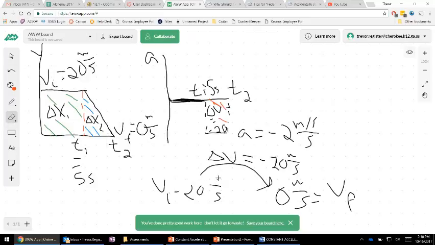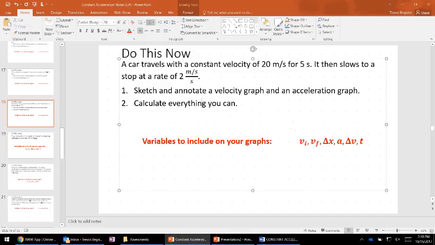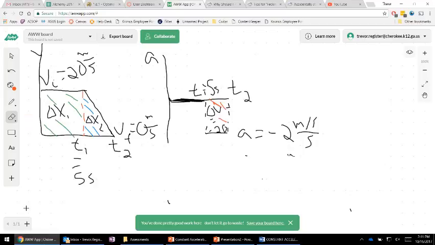Now everything's annotated, and so it's time to start actually solving for stuff. If I go back to the problem, it doesn't actually tell me what to calculate, so I'm just going to calculate everything that I don't have a number for. So I can do delta x1, delta x2, calculate T2, and it looks like that's pretty much it.